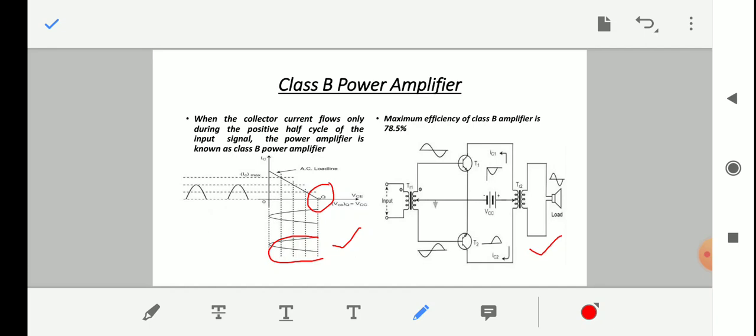Let us understand the operation or working of this push-pull class B power amplifier. The input is applied at the primary of the transformer TR1, and this transformer splits the input signal into two parts, and these two signals are 180 degrees out of phase.